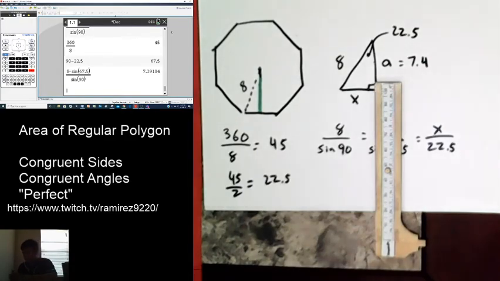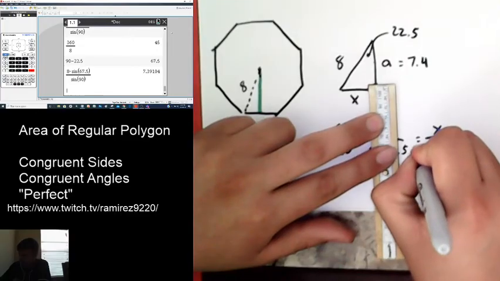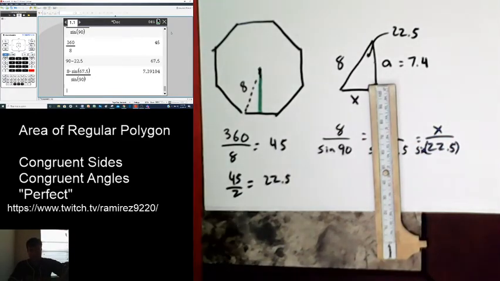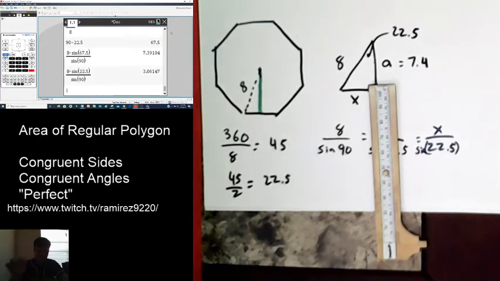Here, guys, make sure you put the sine of 22.5. Don't forget the sine. So 8 times the sine of 22.5. But go back, guys, if you're still having a hard time using this law right here, or reach out to me. I'll show you.